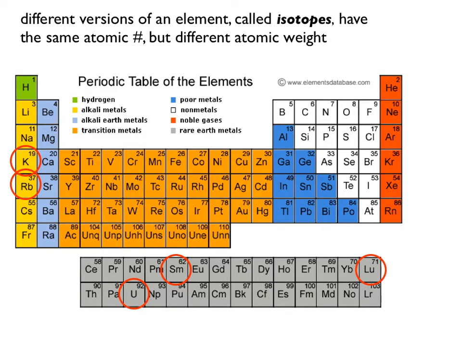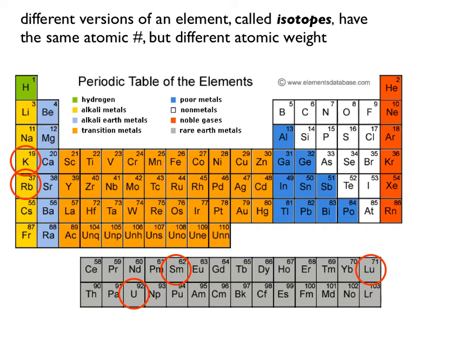Okay, so if we're going to talk about radioisotopic dating or radiometric dating, perhaps we should have a very brief discussion of what isotopes are. Isotopes are simply atoms of some element, but they have different atomic weight because they have a variable number of neutrons.